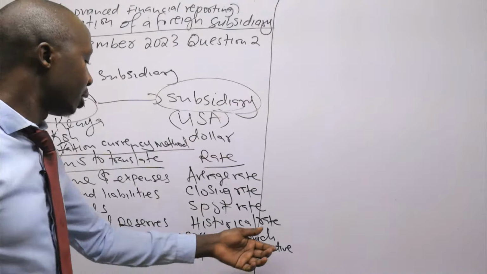So we can go direct to that question, the December 2023 question 2. It says that H Limited, a public limited company whose functional currency is Kenyan shillings, operates in the digital economy sector.